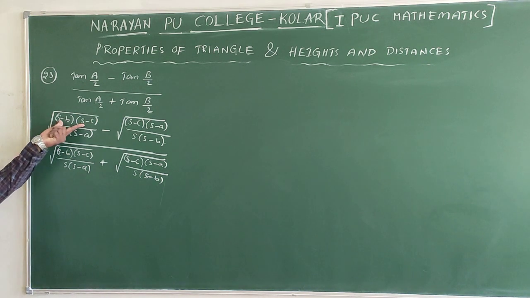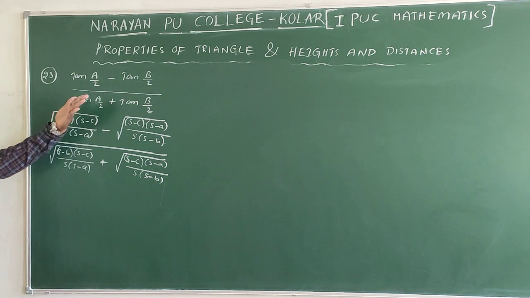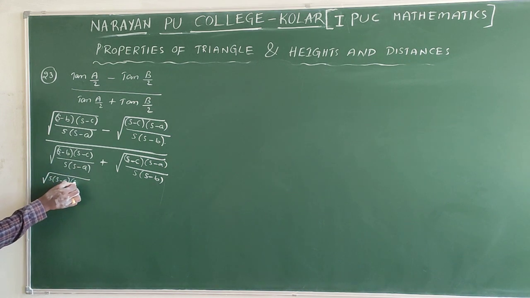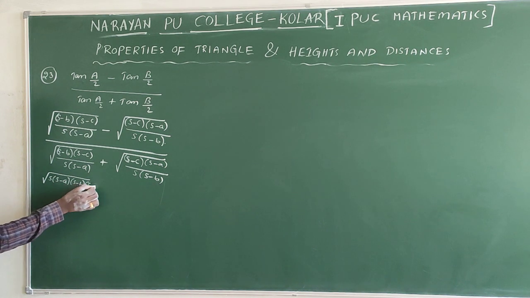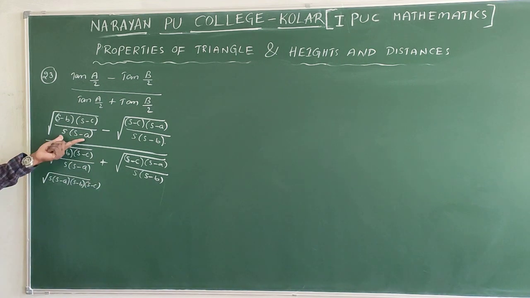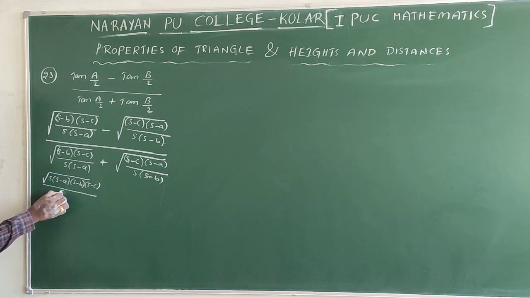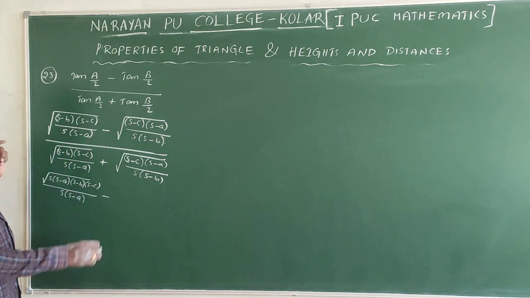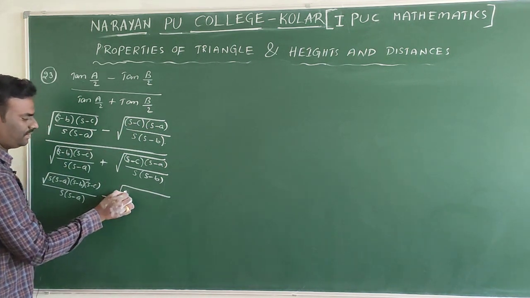Actually, in this numerator, two values are missing. Which values? S and S minus A. Multiply and divide: S(S minus A)(S minus B)(S minus A). If you divide with S(S minus A), the root gets cancelled. Here also, which is missing? S(S minus B) is missing. Multiply and divide.